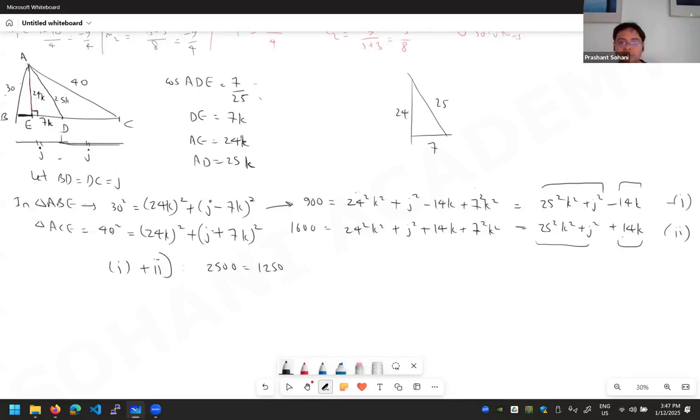So 1250k square, or in other words, 1250 is equal to... and if I subtract the equations, equation 2 minus equation 1, then I'm going to get 700 is equal to 28k. Right? So therefore we got the value of k.